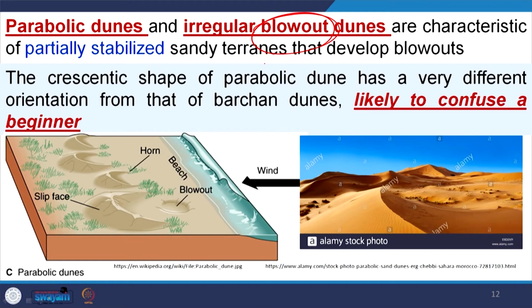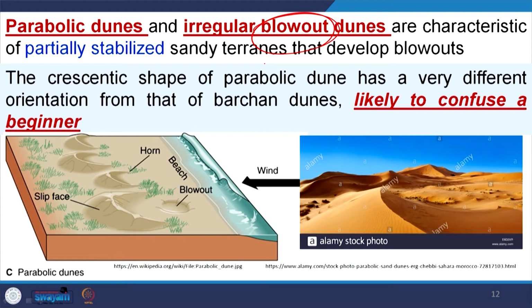This is the blowout dune. Blowout, if you remember our earlier classes when we talked about wind erosion, is a terminology we use, meaning removing material from one place to another place.